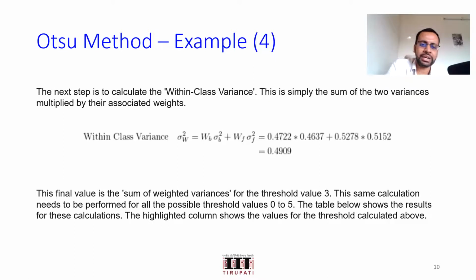Now, as I said, WB times sigma B square plus WF times sigma F square. You got 0.4909.